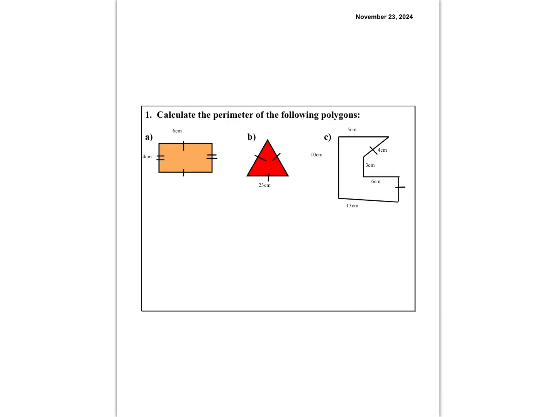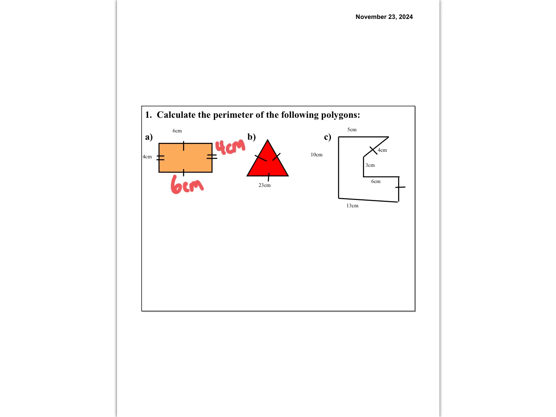So if we look at calculating the perimeter of the following polygons, we have a rectangle here. And if we look at the hash marks, and this is a really important aspect as well, if it's 6 here, it's going to be 6 here. And if it's 4 here, it's 4 here.